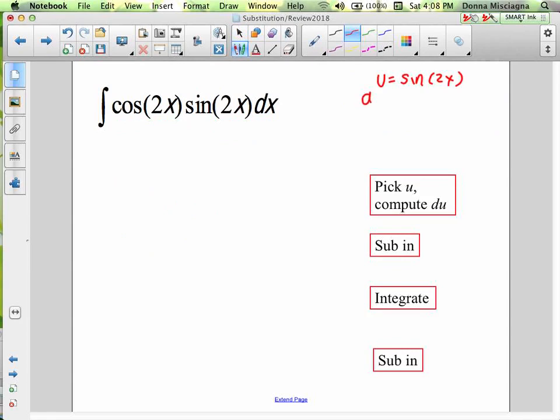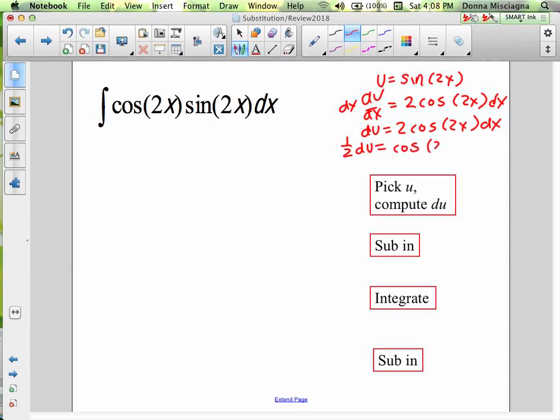That means du dx equals, right, the derivative of sine 2x would be 2 cosine 2x, and then multiply both sides by dx. So du is 2 cosine 2x dx. I don't see a 2, so 1/2 du equals cosine 2x dx.